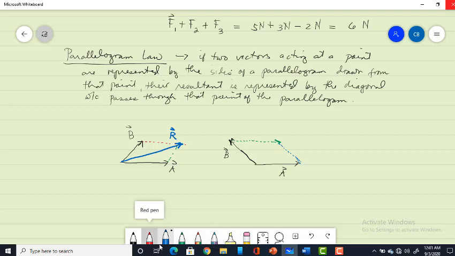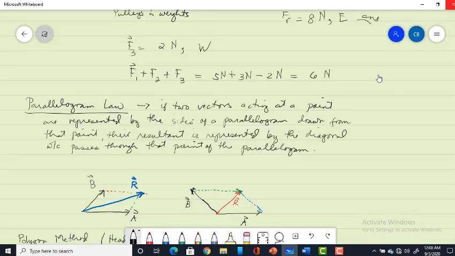So the resultant vector is this, from the tail of your vectors to the head where the two intersect. This is your vector R, the red one.